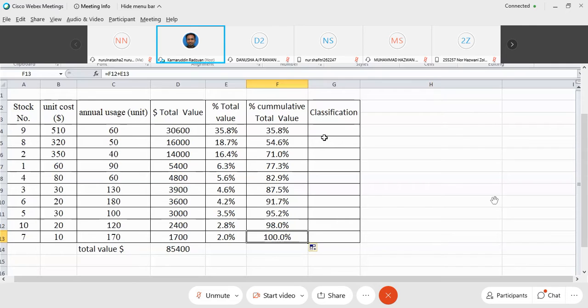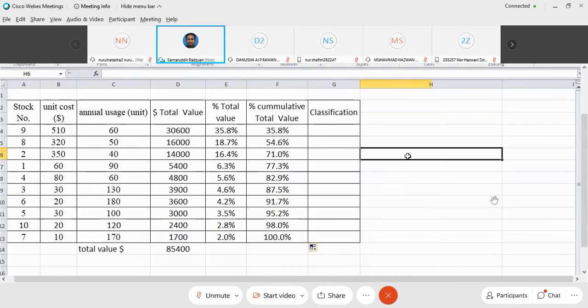Okay, we proceed to our next process. How to do the classification for each item. Which item should be included in the A class, B class, and C class?